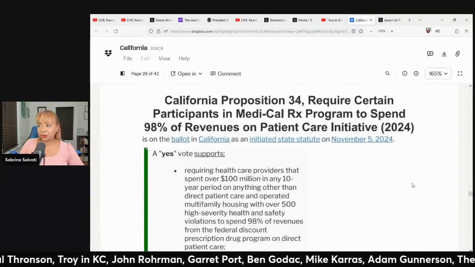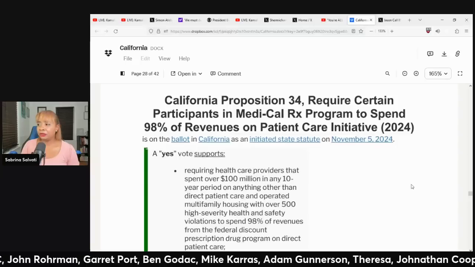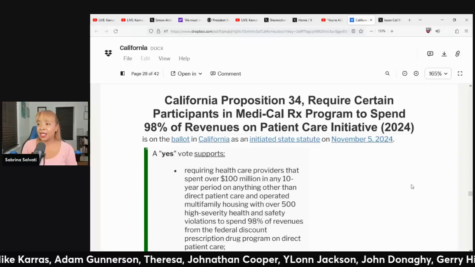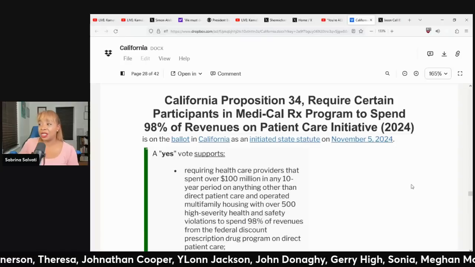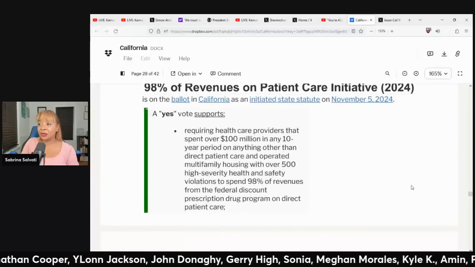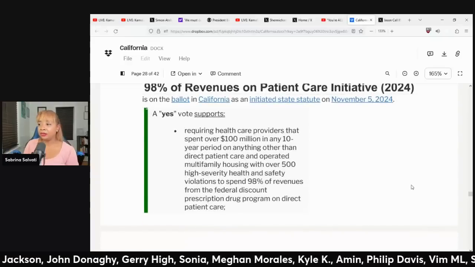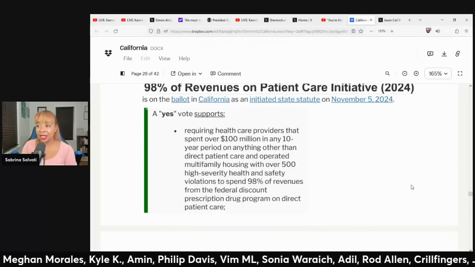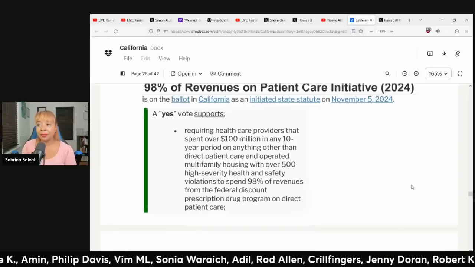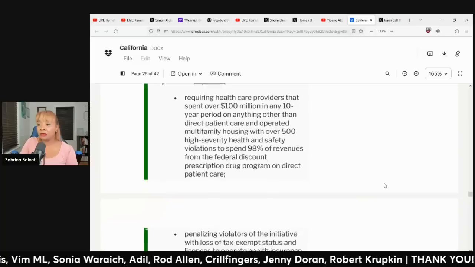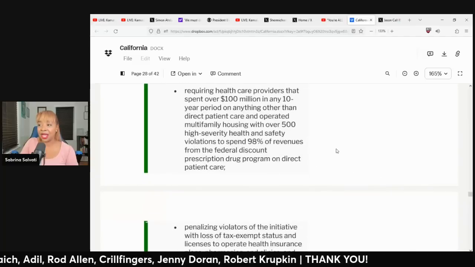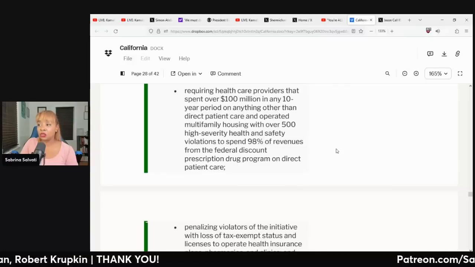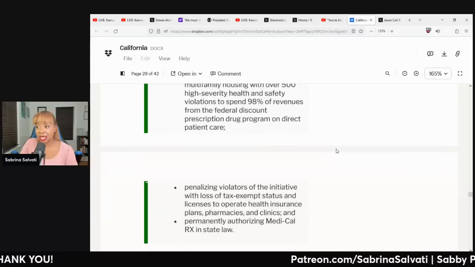Here's another one with healthcare. Proposition 34 requires certain participants in the Medi-Cal Rx program to spend 98% of revenues on patient care. A yes vote supports requiring healthcare providers that spent over $100 million in any 10-year period on anything other than direct patient care and operated multifamily housing with over 500 high severity health and safety violations to spend 98% of revenues from the federal discount prescription drug program on direct patient care.